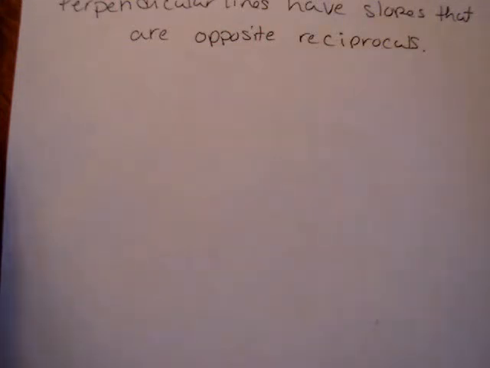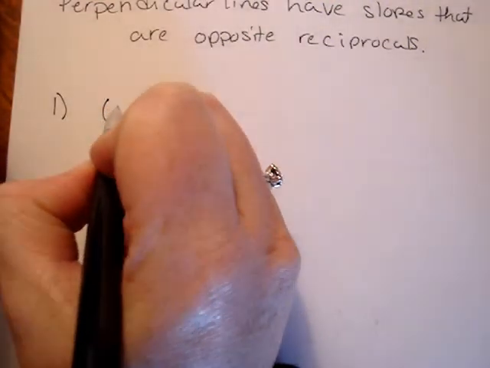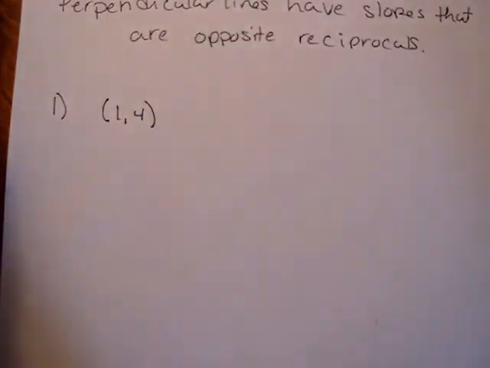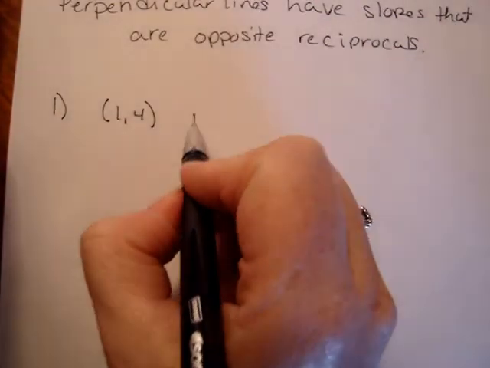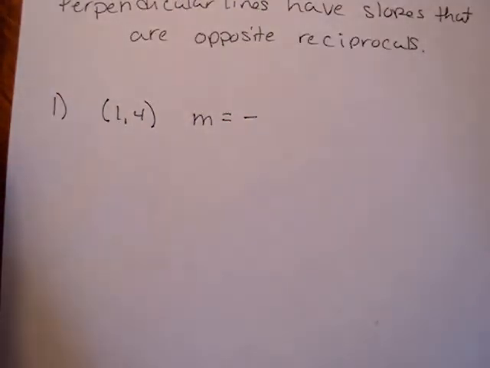Okay, so the line we want is line L, and it has the point (1,4), and it is perpendicular to a line which has slope of 2. See the equation y = 2x, the slope is 2. So the slope of the line we're interested in is going to be the opposite, so that'll be negative, and the reciprocal.